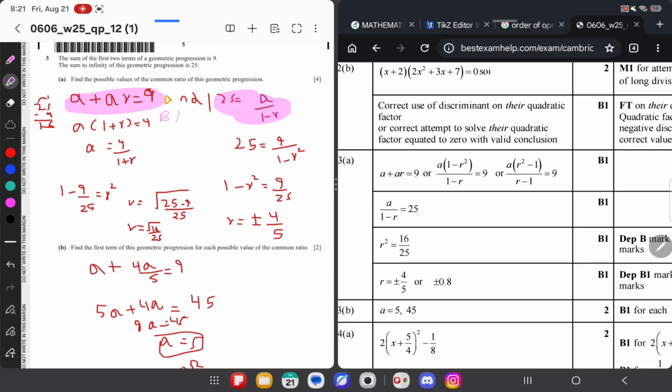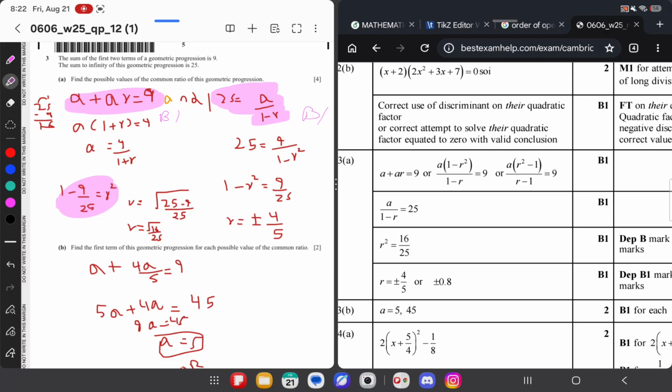The second one, the third one is R squared is equals to 16 over 25.